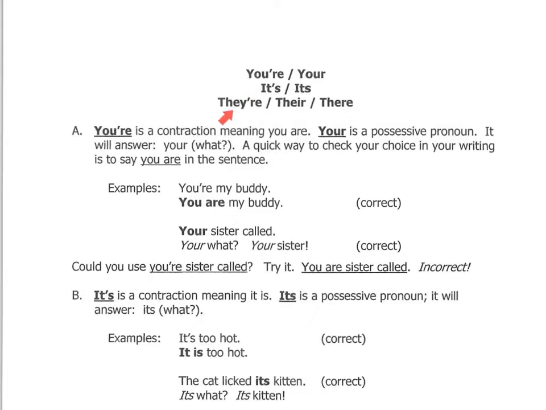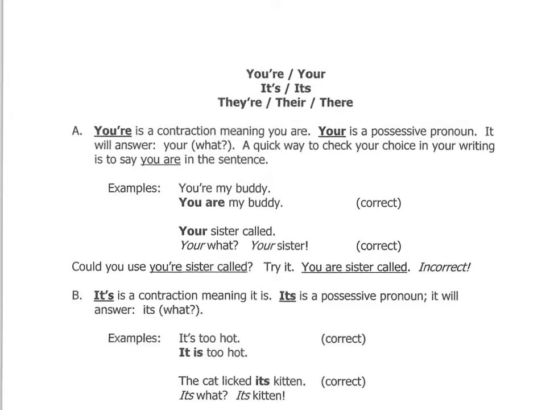These three are contractions. But people often confuse you're, meaning you are, and your, as in that is your backpack. People often confuse it's, meaning it is, with possessive its, as in its teeth are sharp, talking about an animal, for example.